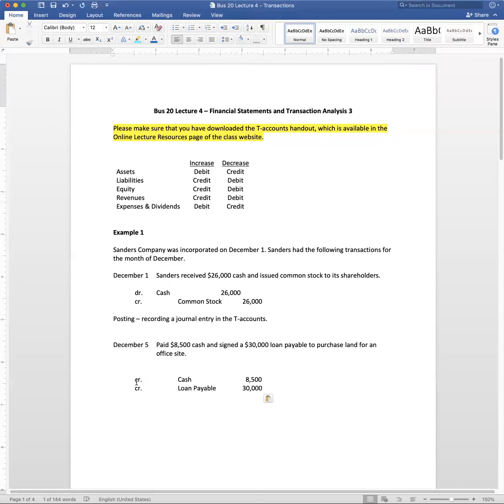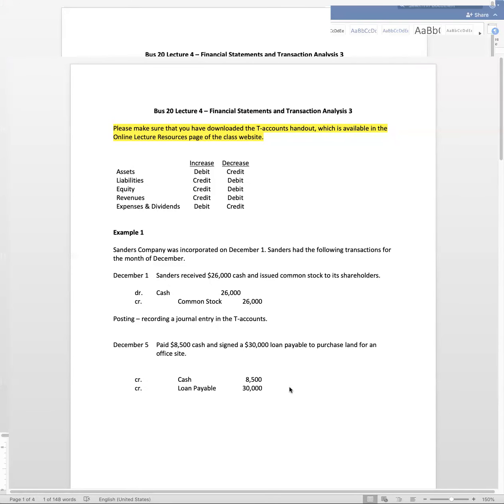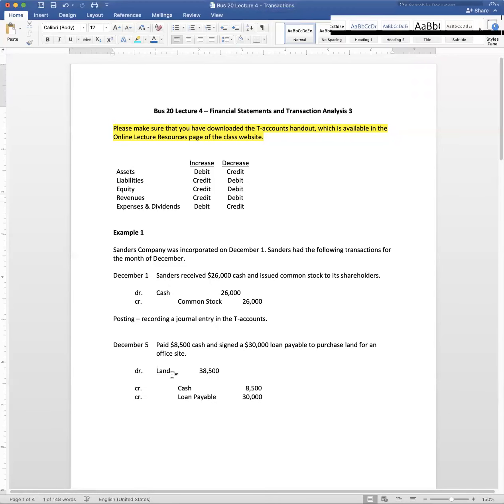All right, but clearly we need something else. There's no debit. So we have land, right? That's what they're buying. Land is an asset, right? And the land is increasing, so we're going to debit land. All right, so this is our journal entry.